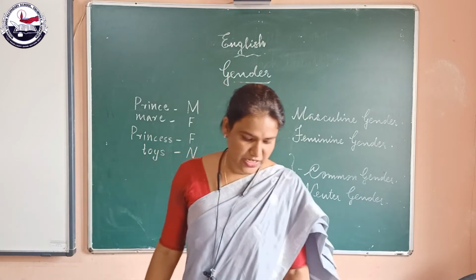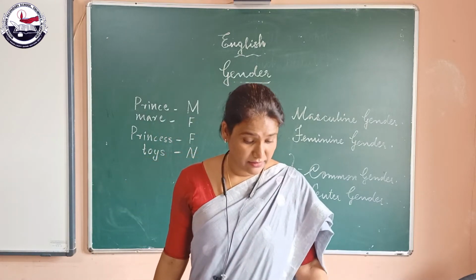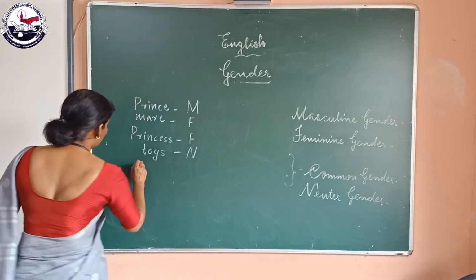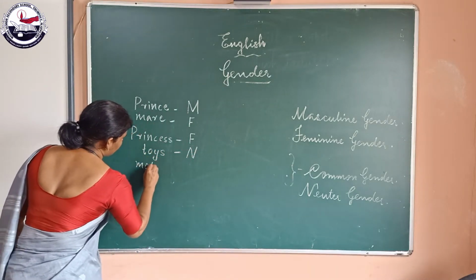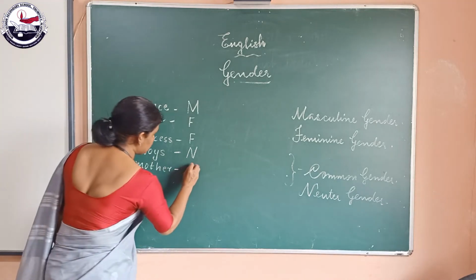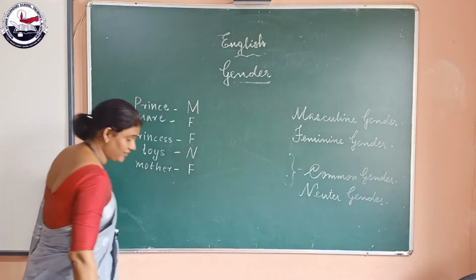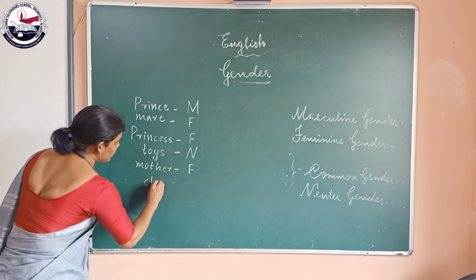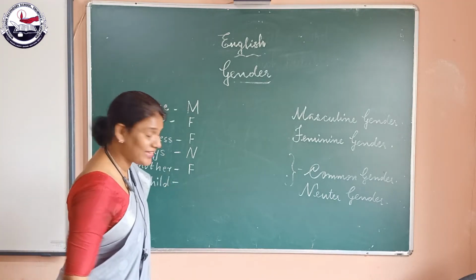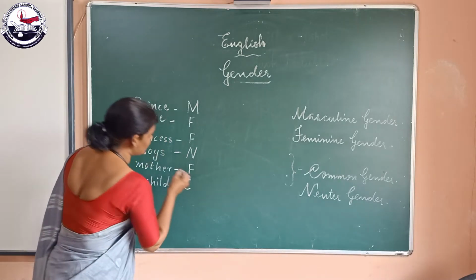Question number 4, the mother loved the child. Mother is female, so it is feminine gender. And child is either boy or girl, so we can write common gender.